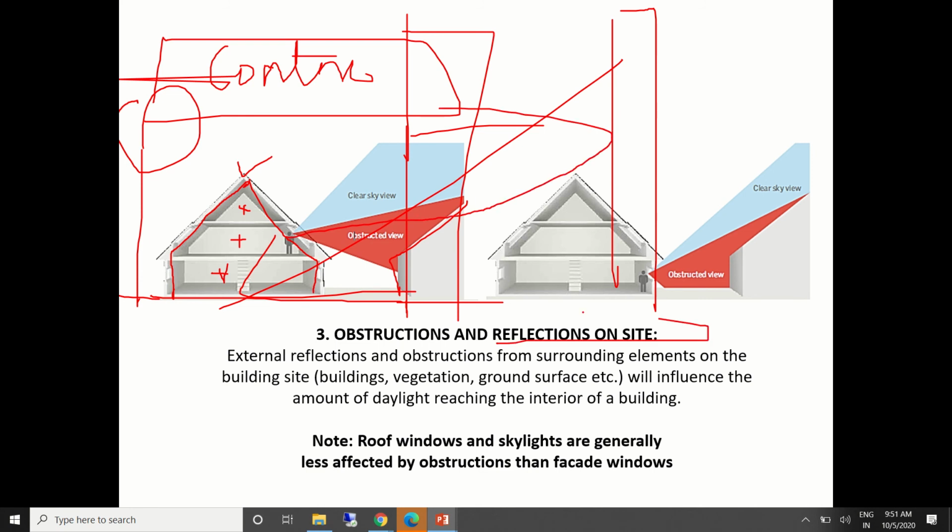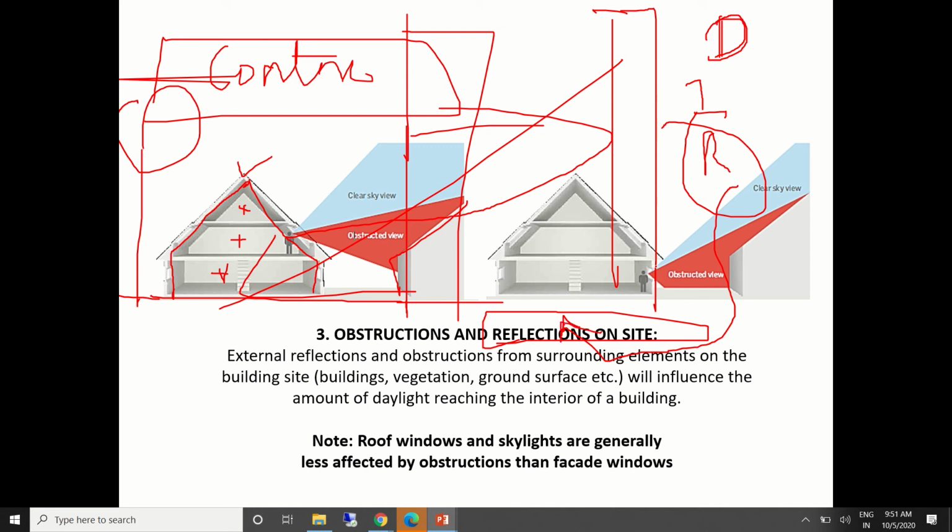And the other one is reflections. If you divide the entire daylight component, we said one is direct, one is indirect, and the other one is reflective light. So this is also an important parameter.